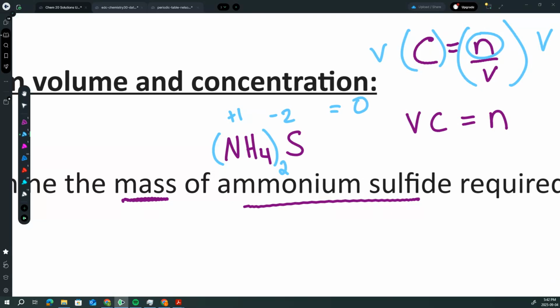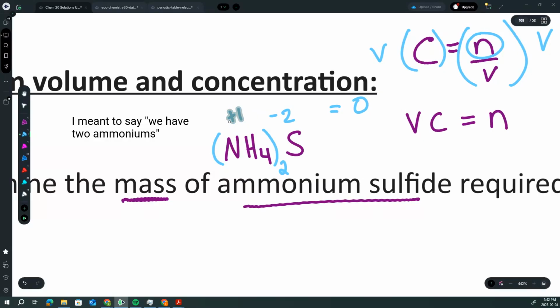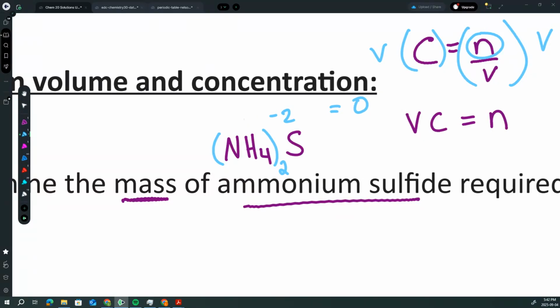Okay, so now what's happening is, since we have 2 ammoniums, this has changed the total charge coming from ammonium to +2. So 2 minus 2 is in fact 0, so now this is a balanced compound. You always need to make sure you create a balanced compound before you start figuring out your molar mass.